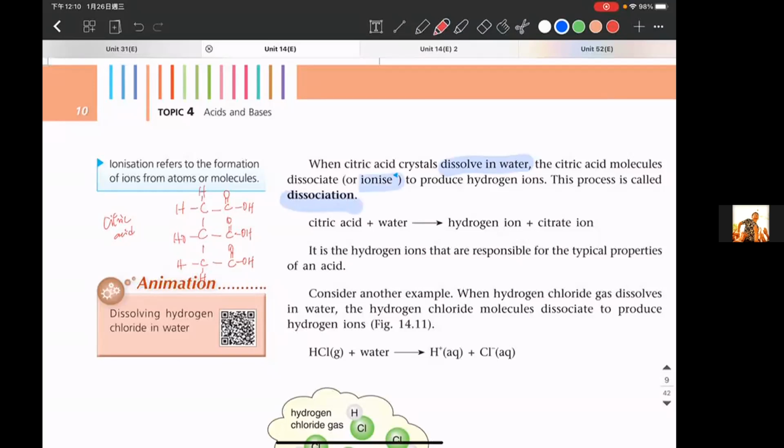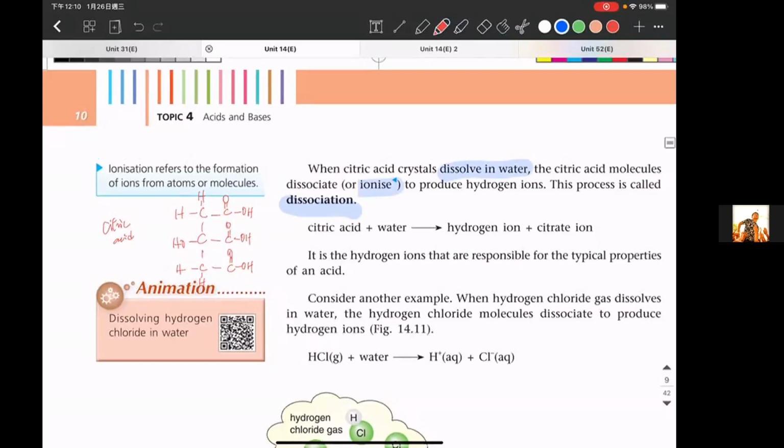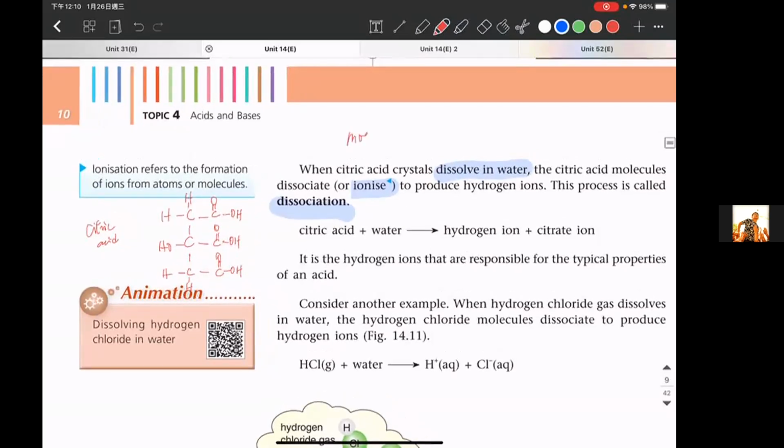In particular, if you want to talk about a process in which a molecule turns to ions, we call it ionization. How does this happen for citric acid? By dissolving in water to form hydrogen ion and citrate ion.